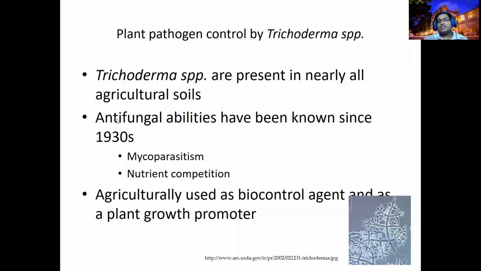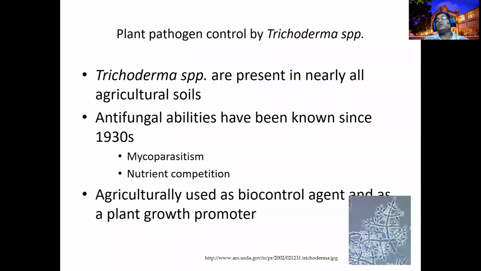One such example is Trichoderma. In all agricultural soils, we call it the plant doctor fungus. It has met all the qualities and specific characters a biological control agent should have. This is met by Trichoderma only. That is why everywhere we want to use it, we can use Trichoderma very successfully. Even Pseudomonas fluorescens is sometimes difficult, but Trichoderma is very successful and popular.